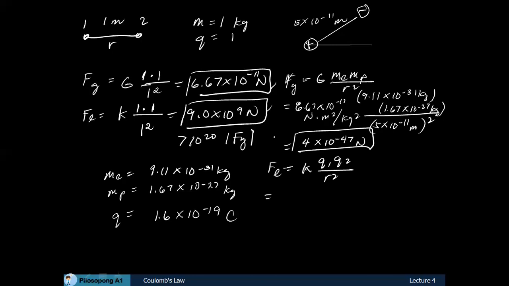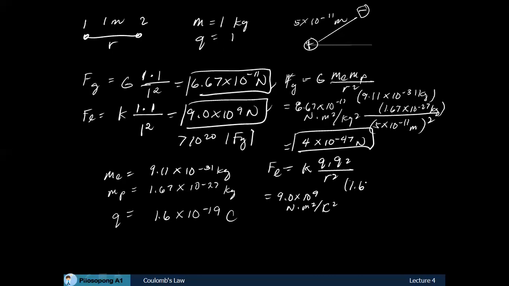So we have the value of K, it's 9.0 times 10 raised to 9 Newton meter squared per Coulomb squared times the value of the charges. We have 1.6.